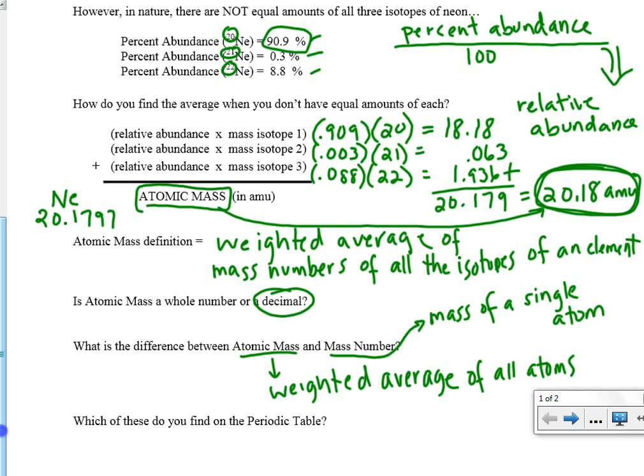Which of these, the mass number or the atomic mass, will you find on the periodic table? You will find the atomic mass on the periodic table. Mass number is not on the periodic table because mass number is just representative of a single atom. It is not representative of the average of all those isotopes.